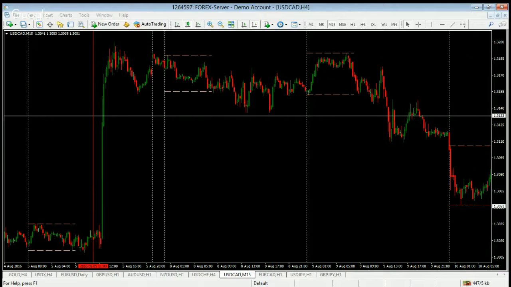So it's 14, 3, 3. The moving average method is simple, and the price field is low/high. You can use simple or exponential, not really much different. The most important thing is the periods: the K period is 14, the D period is 3, the slowing is 3.